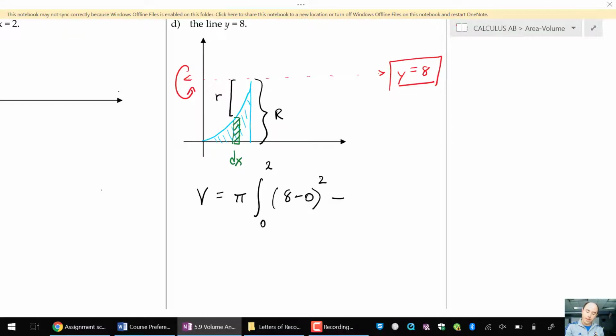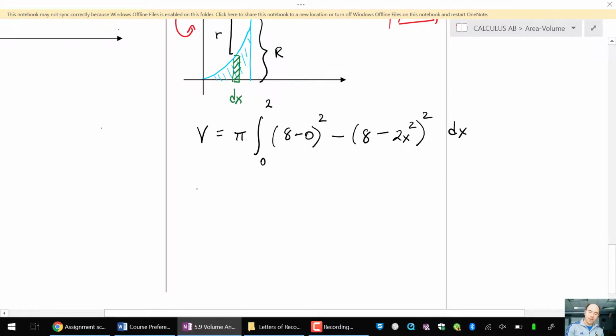Let's see here. Sorry about that. Top minus bottom of inner radius would be 8. The top of it is 8, and then minus function, I should say. So 8 is the top, and then minus the function. There we go, and then dx thickness, and then we're on our way.